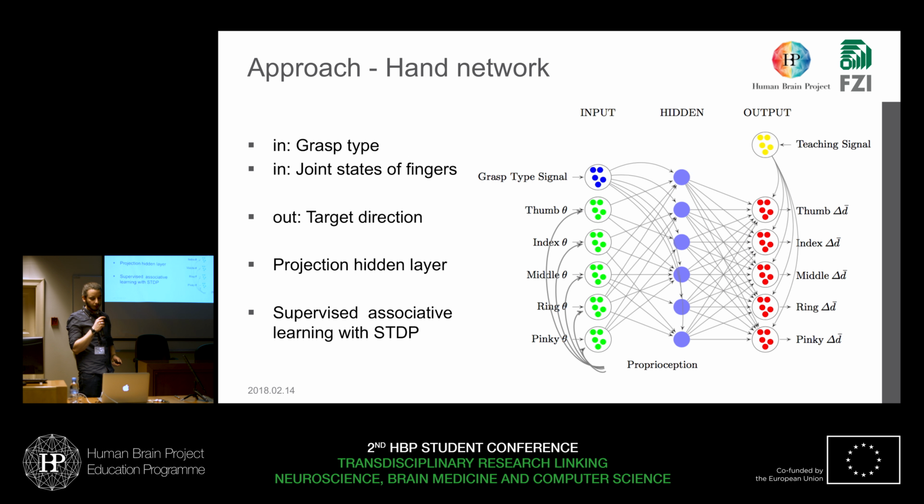And then for the hand, we have the same approach. The representation of the hand is more complex because the output is the direction vector for every single finger. We have a grasp type ID that identifies the different types of motions you want to perform with your hand. Your hand network then takes care of activating individual fingers, because there are a lot of correlations between the motions of your fingers.